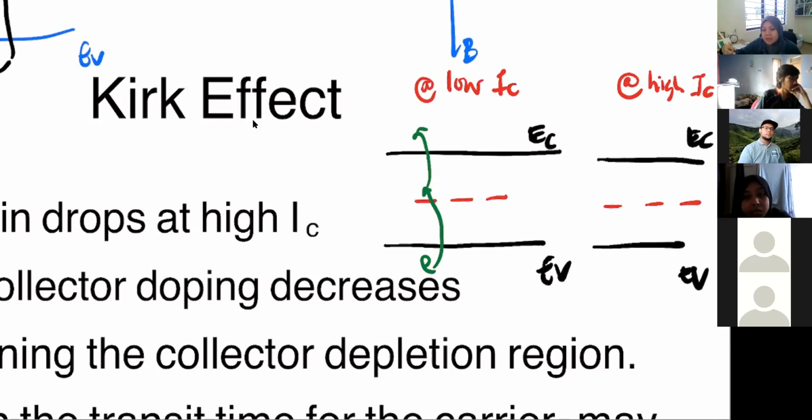The defect is there and is effective in increasing the current. However, when you have a lot of current, high collector current or any current inside, you have a lot of free carriers. This trap might be filled. It's called a filled trap.